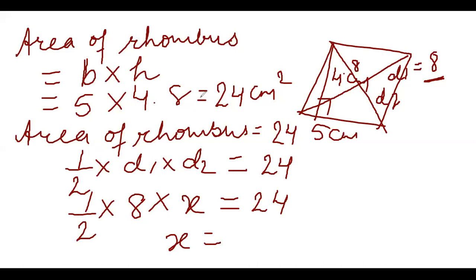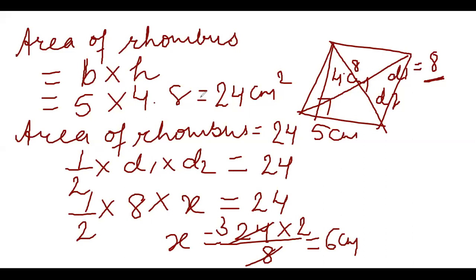Take it other side. 8 will be divided here and 2 will be multiplied. Solve it. 24 into 2 divided by 8 is equal to 6 centimeter.